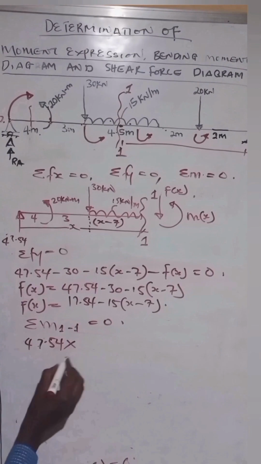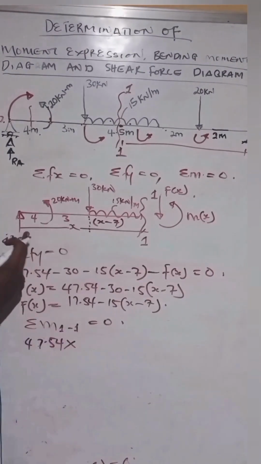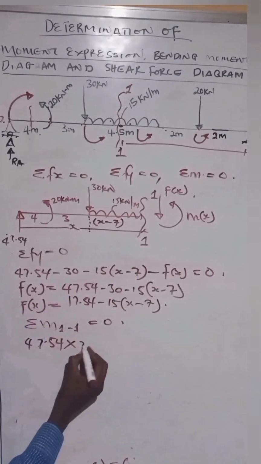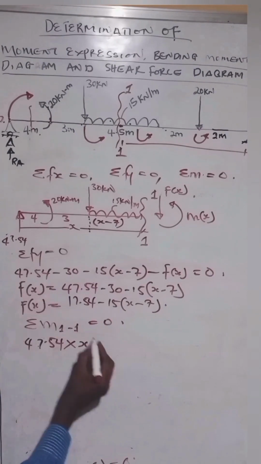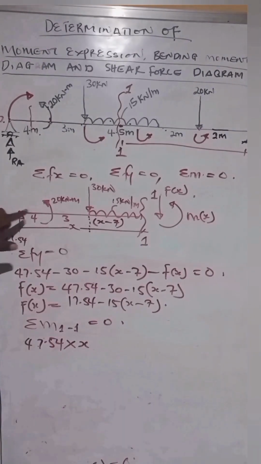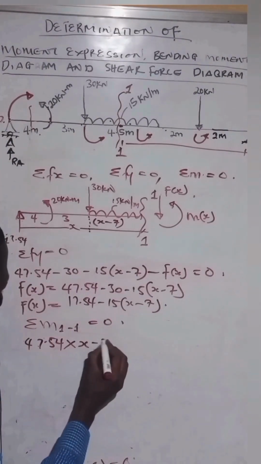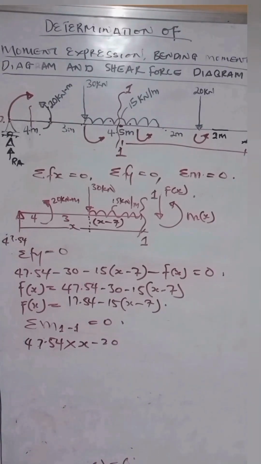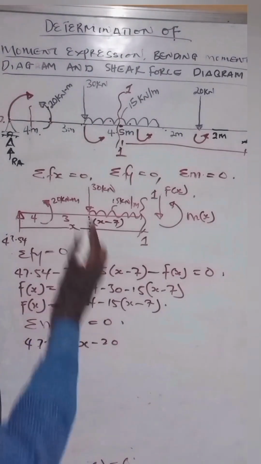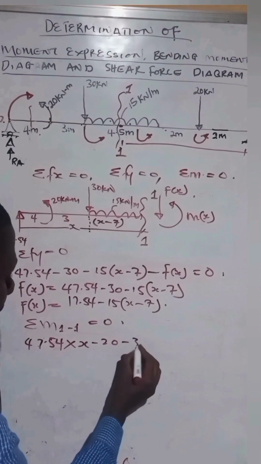47.54 times the distance from here to section 1, which is x, and we have a moment here which is minus 20. Okay, we have the point load which is minus 30.